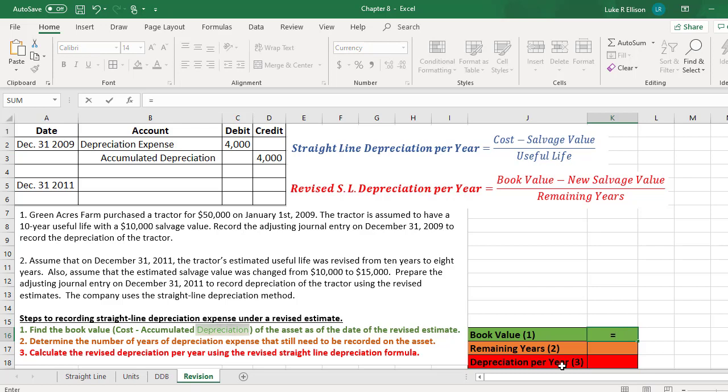That's going to be equal to the cost, which hasn't changed at all. It's still $50,000. And then we subtract the accumulated depreciation. Now we have to think about that for a second. This is the accumulated depreciation, meaning the total amount of depreciation recorded on the asset up to this date. And we already know that it was $4,000 per year.